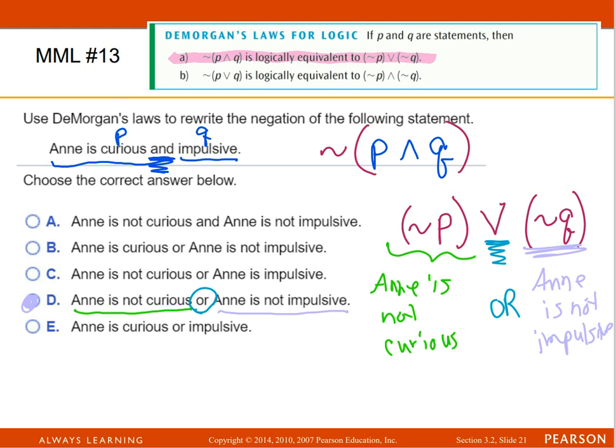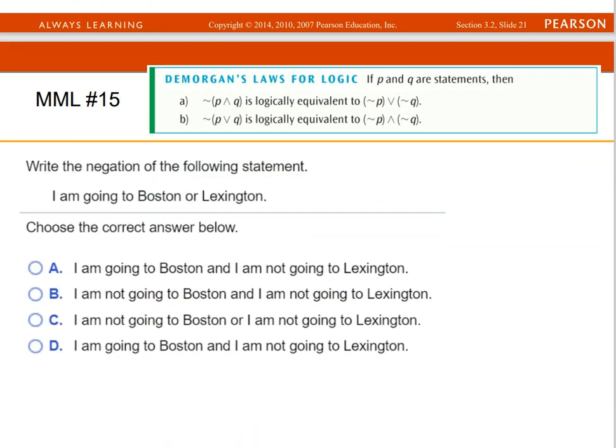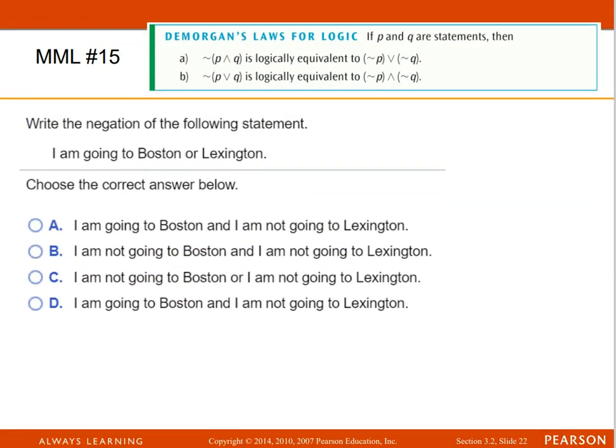And then, wrong way, April, 15, sorry. It's another one with De Morgan's law. This one says, write the negation of the following statement. I am going to Boston or Lexington. Okay.